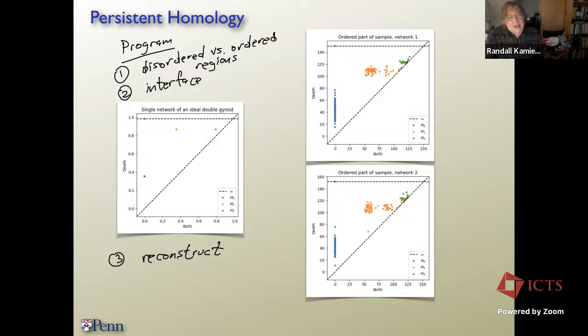So let me just remind you a little bit about persistent homology. What's the idea in persistent homology? In persistent homology, you imagine that you have a bunch of points. So I always like to think of the letter C. So I start with the letter C. And then I take data from the letter C. So I sample the letter C, and I get these 5 points.